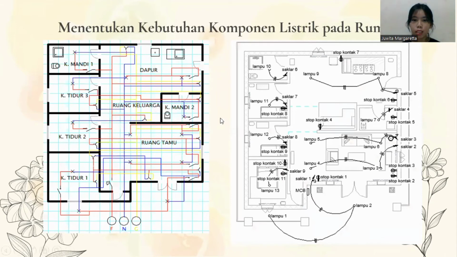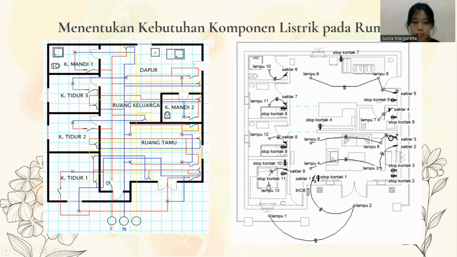So this is the house plan of my house design in Revit software. We can see in this house plan, I have 2 lights at my terrace. I have 4 lights, 3 double switches, and 3 electric sockets at my sitting room. At my family room, I only use 1 electric socket.